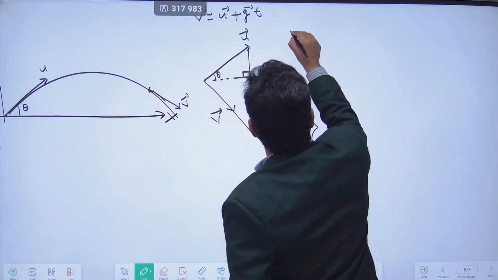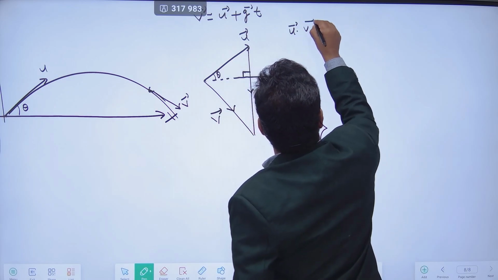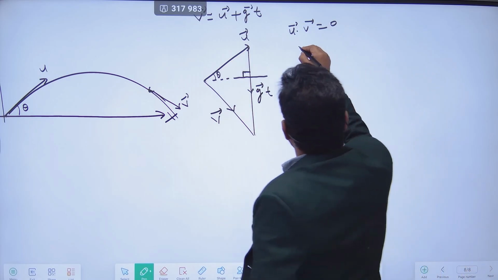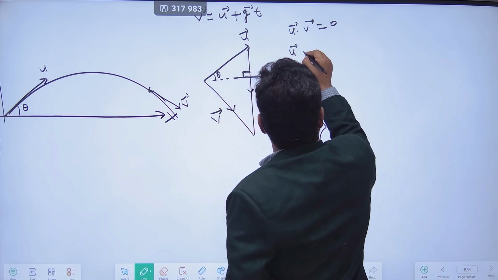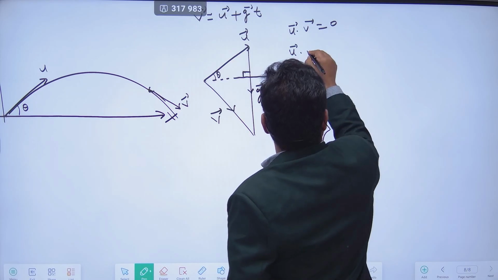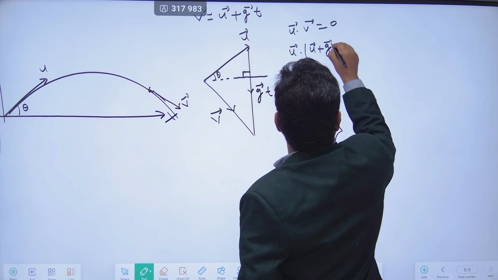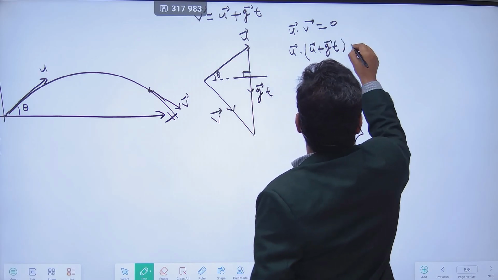So we can write u dot v must be 0. Here u is the initial velocity, and v is equal to u vector plus g vector into t, that is equal to 0.